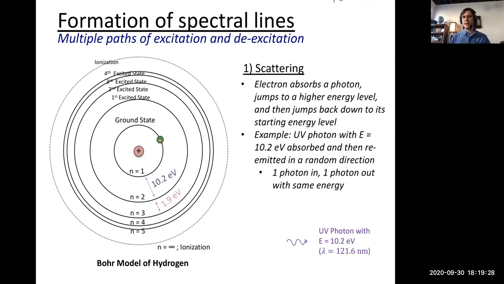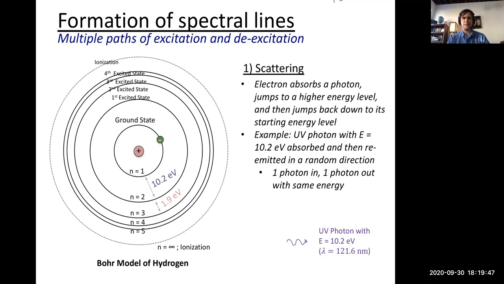We call that scattering. Light comes in from one direction, interacts with our hydrogen atom, and then leaves in a random direction. Comes in this way, goes that way, and so on. We call this scattering.